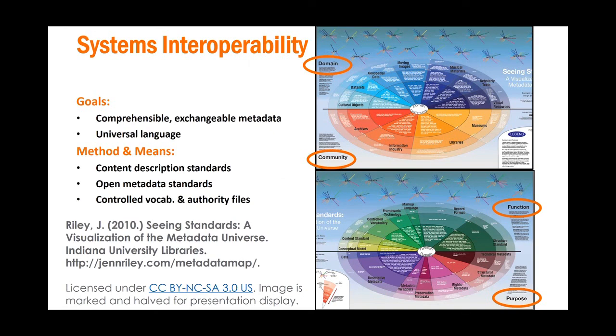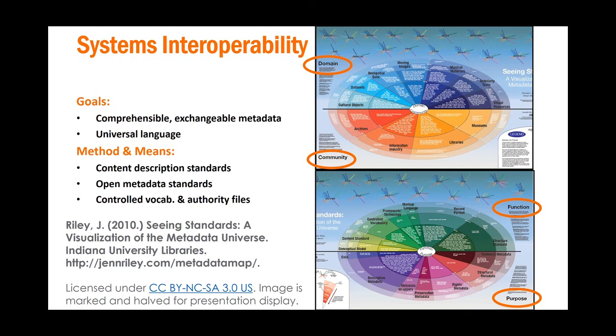Now, when metadata started, there were no rules or standardized ways to create metadata. Everyone was coming up with their own schema and their own values. And it wasn't until people started trying to share their digital resources that it became apparent no one was speaking the same metadata language.